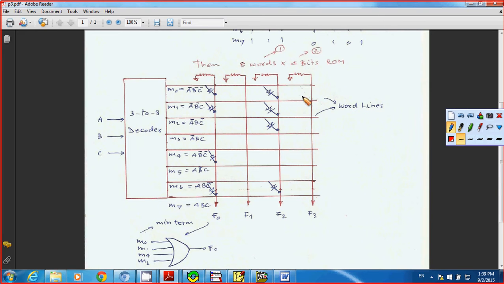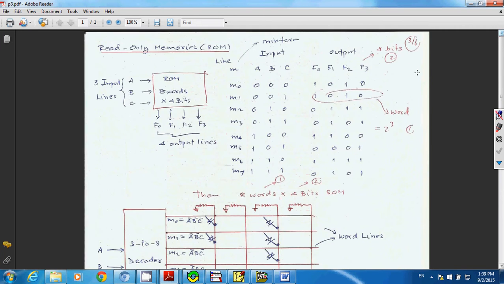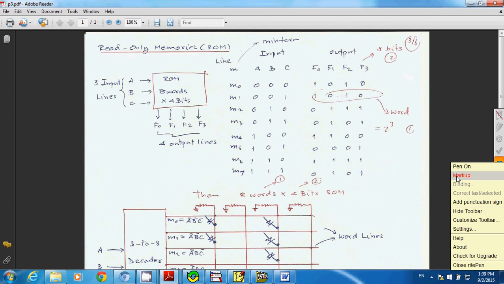You need to connect 1, 2, and then 5, and then 6, and then 7 to your F3 to get your output F3 according to the truth table here. Okay, so this is how our read-only memories or ROM work.